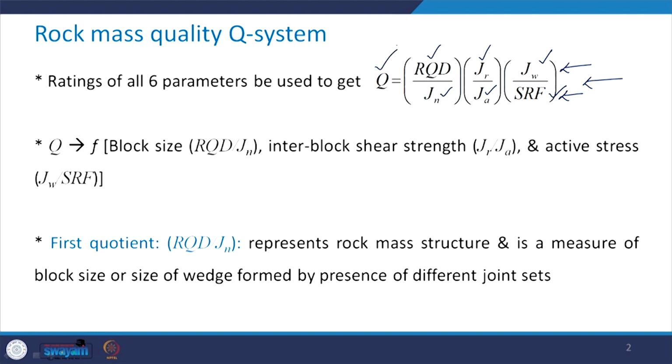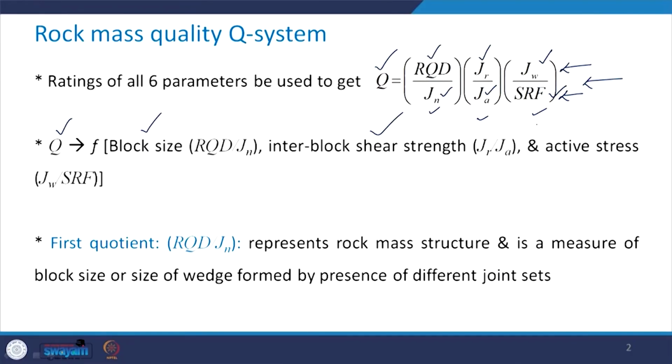So basically this Q is a function of these 3 quotients. The first one represents the block size physically. The second one deals with the interblock shear strength, because both these parameters Jr and Ja are related to the joint: one is related to joint roughness and the other to joint alteration.